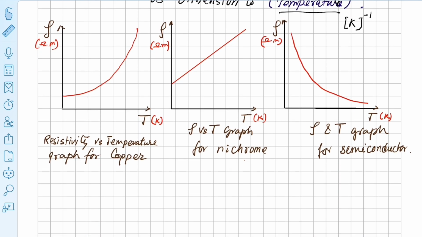I have shown here the resistivity and temperature graph for copper, nickel, and semiconductor, different materials. This is the graph for resistivity, in ohm meter, against temperature in Kelvin. This is the graph for copper, this is the graph for nickel, and this is the graph for semiconductor.